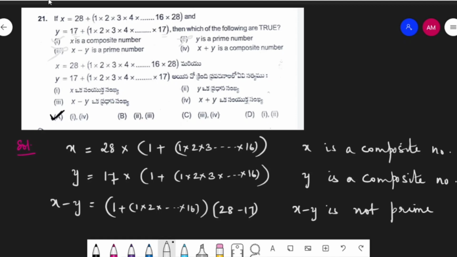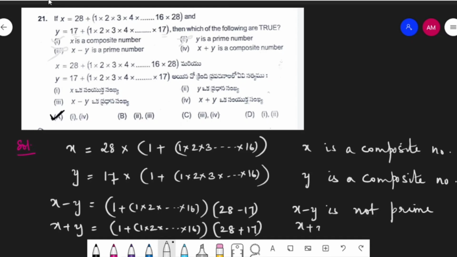Let us move to the fourth one, x plus y. The same procedure, let us take 1 plus 1 into 2 into so on into 16 as common. Then we will get 28 plus 17. So 28 plus 17 is 45. 45 is one of the factors of x plus y.